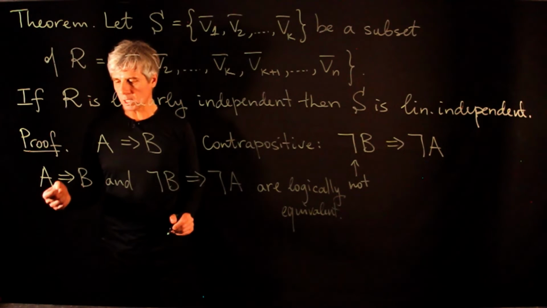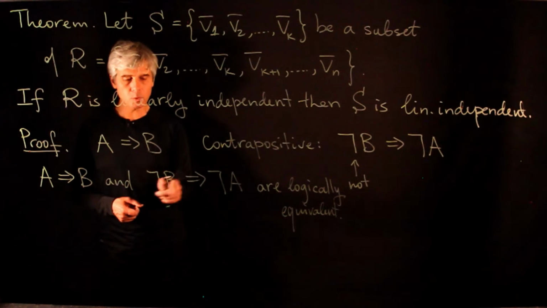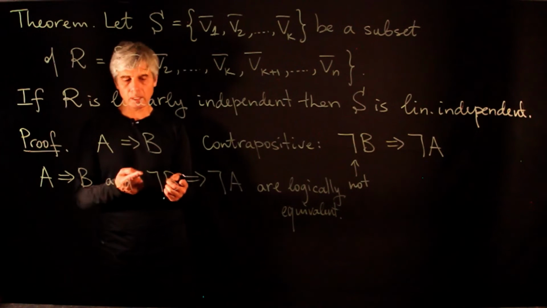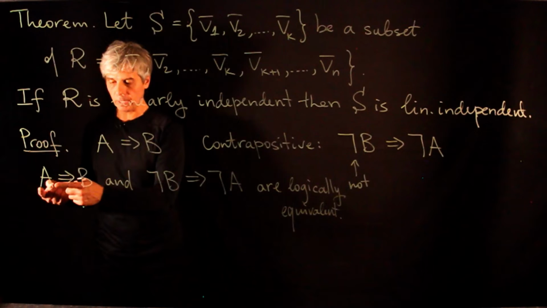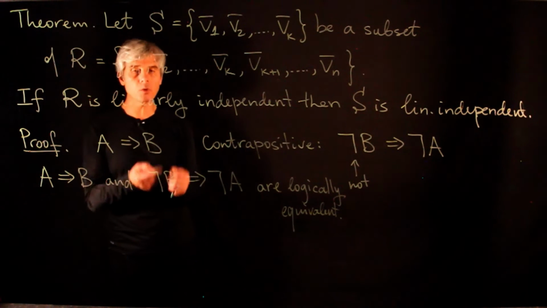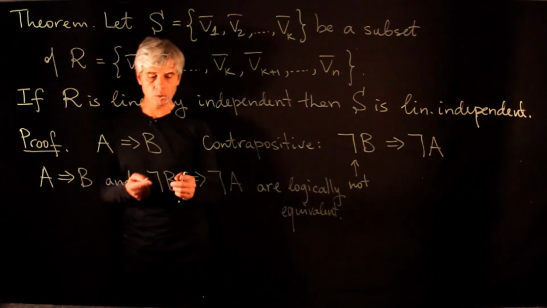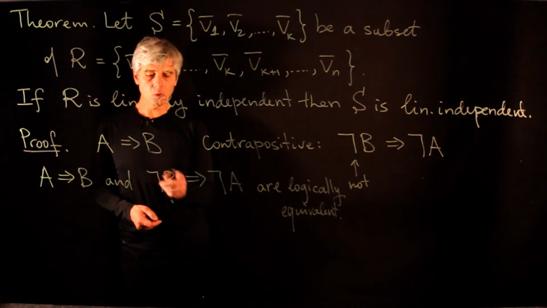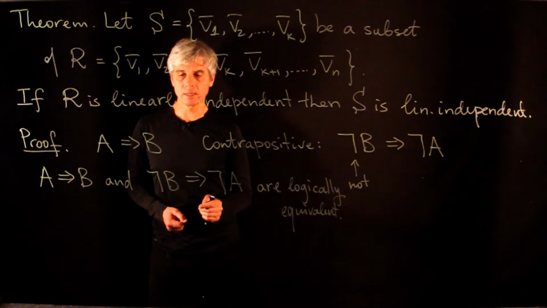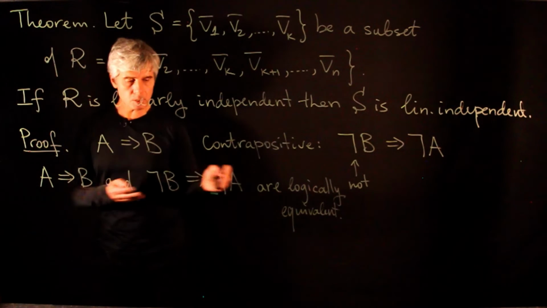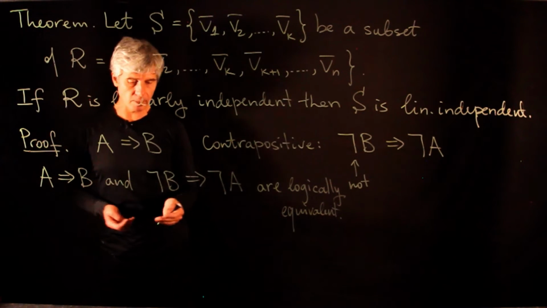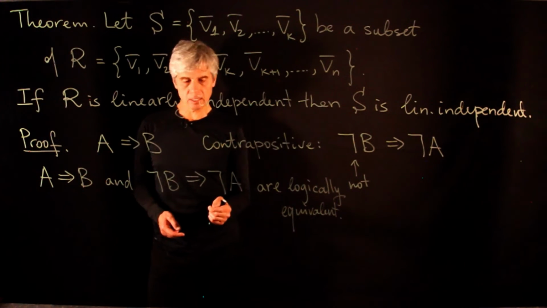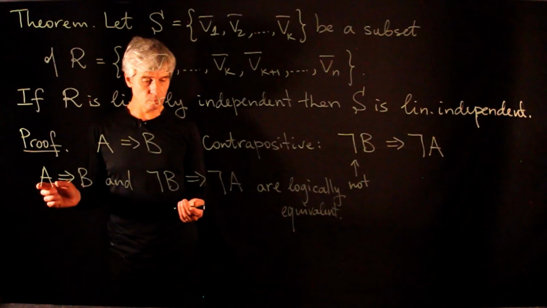Indeed, suppose A implies B, and suppose we know that B fails. Then A cannot be true, because if A is true, then B is true, but we know that B is false. So not B implies not A. But this works in the opposite direction as well. Suppose we know that not B implies not A, and suppose A is true.